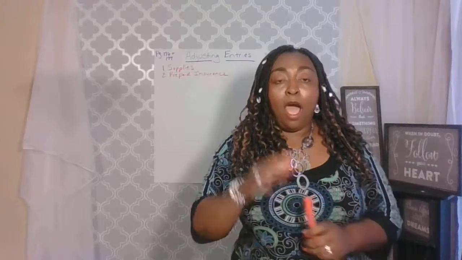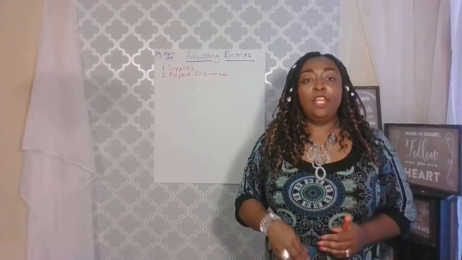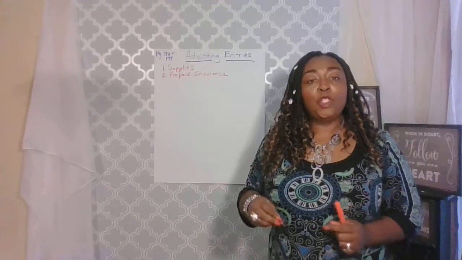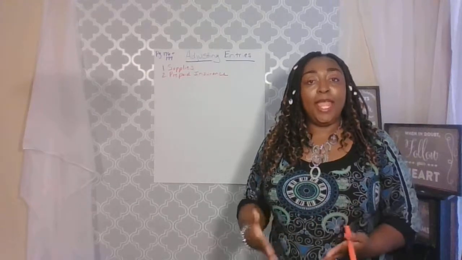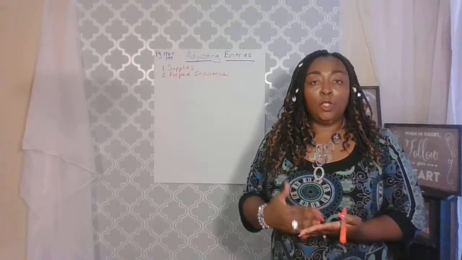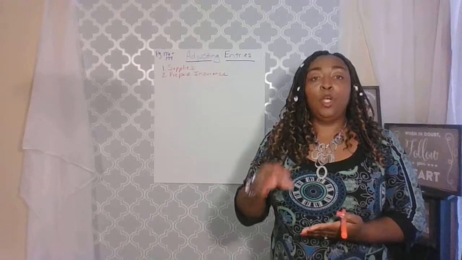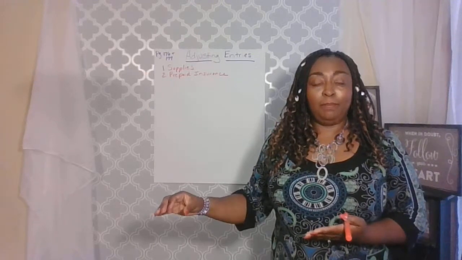I always make sure the students understand that those are the two accounts that we adjust. And the journal entry for both of those accounts stays the same. But what they must learn is the amount that goes into the journal entry.